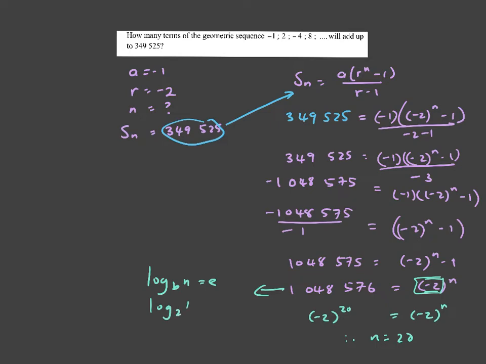The number is 1,048,576, and that is equal to the exponent, which is n. And if you type that in your calculator, you get n is equal to 20. Right, that will work, and of course it will work. Just double check that a negative coefficient raised to an even exponent is going to be positive. But anyway, we'll elaborate on that a bit later. So, but there's n is equal to 20 either way.